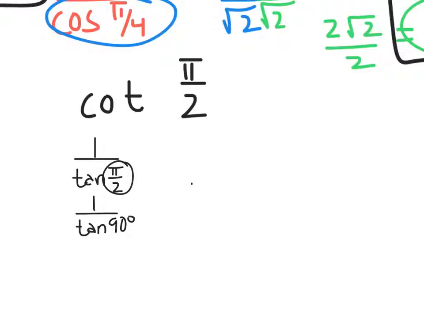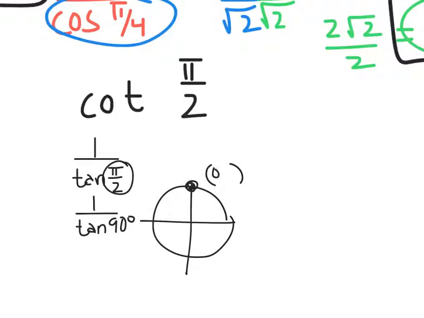Remember, tangent is y divided by x. So if you have 0, 1, the tangent of 90 is going to be 1 over 0. So the cotangent of 90, or pi over 2, is going to be 0 over 1. So the cotangent of pi over 2 is going to be 0.